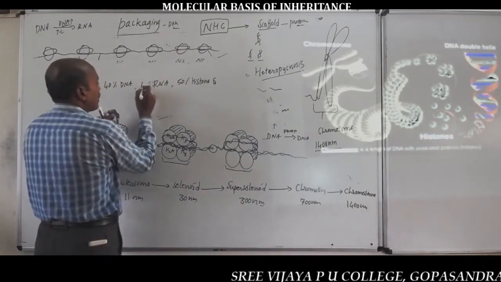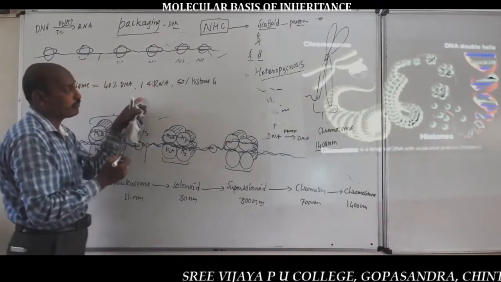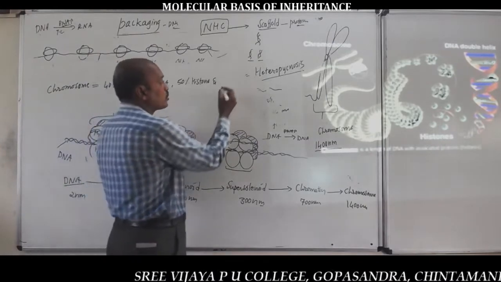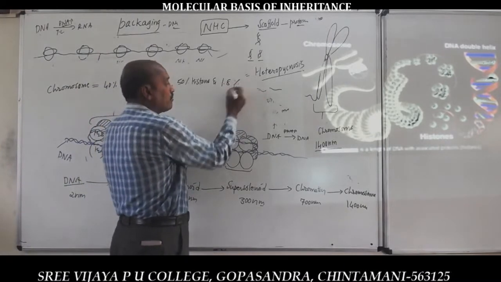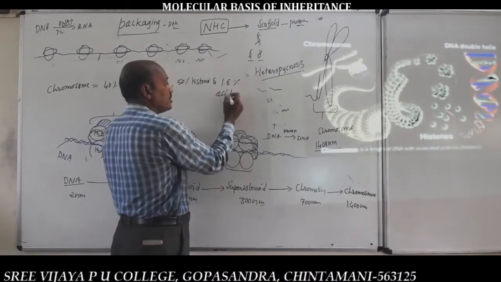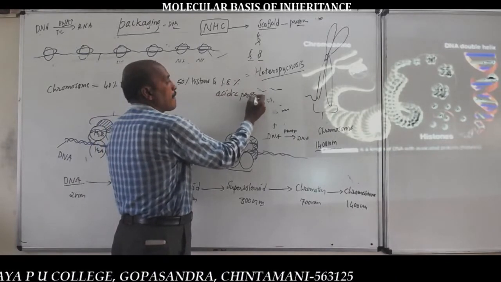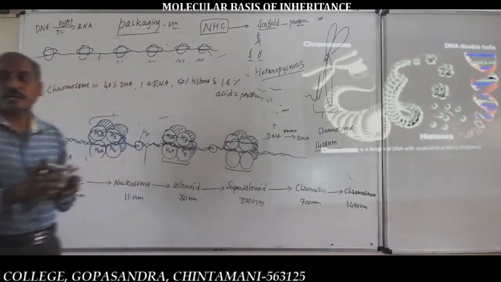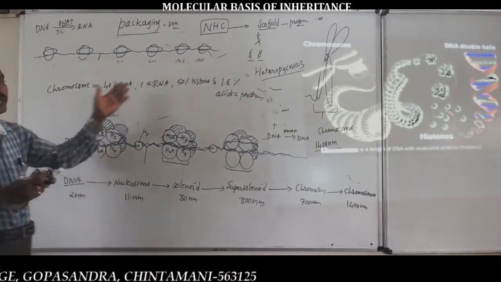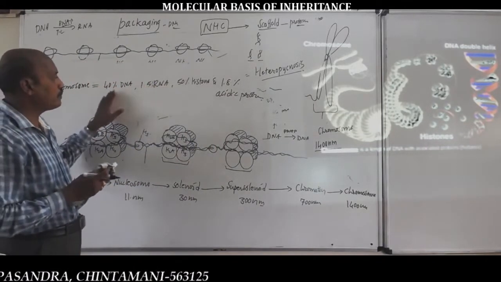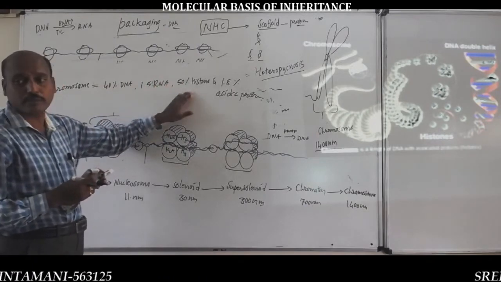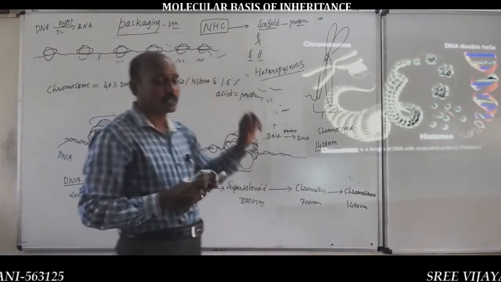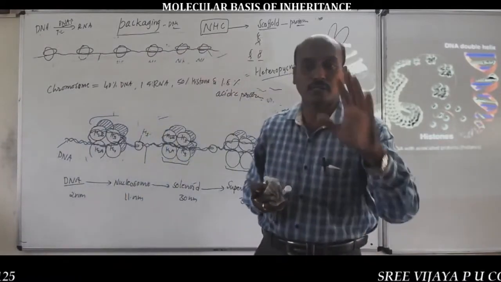and 1.8% of acidic proteins. Acidic proteins is the chemical composition of a chromosome. So 40% of DNA, 1.5% of RNA, 50% of histones, and 1.8% of acidic proteins.